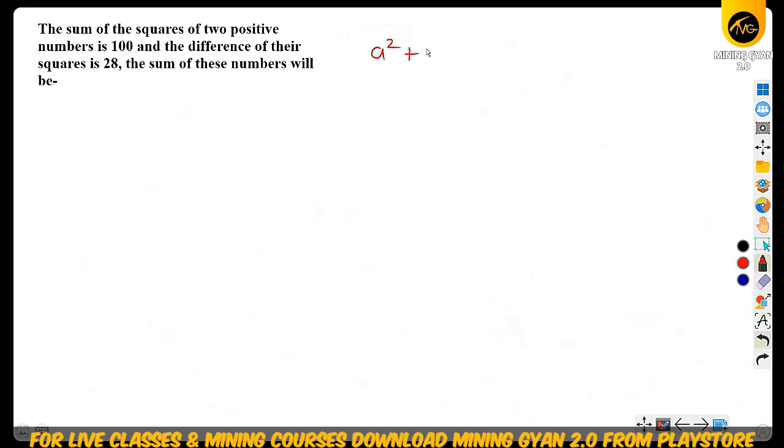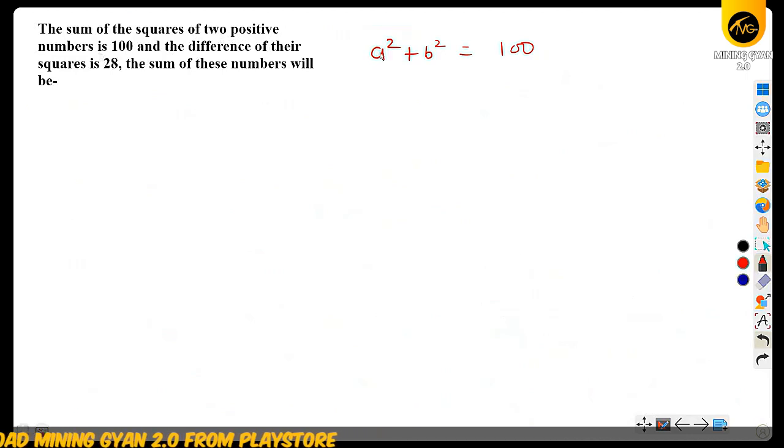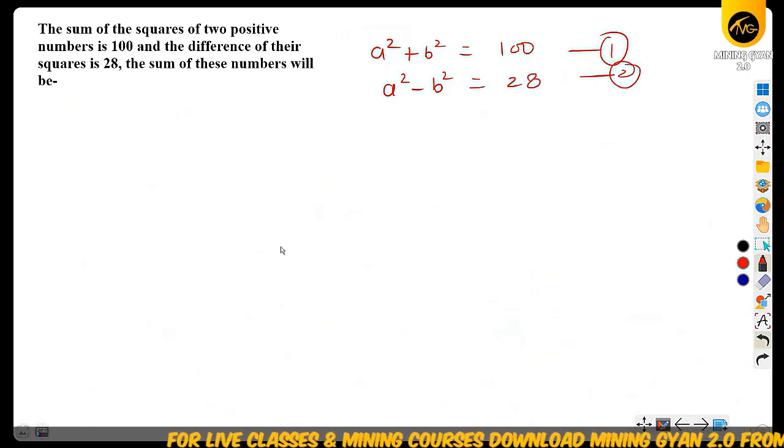Now a square plus b square is equal to 100, right? Suppose this is equation number 1. And the difference of their squares is 28, so a square minus b square is 28. So this is equation number 2, right?